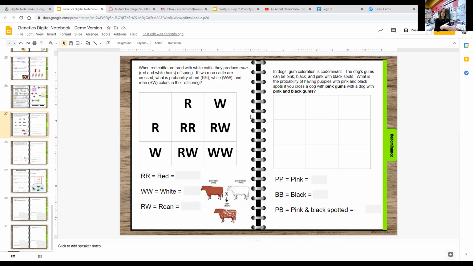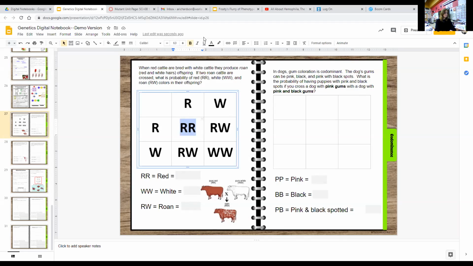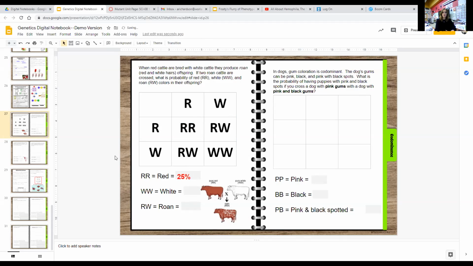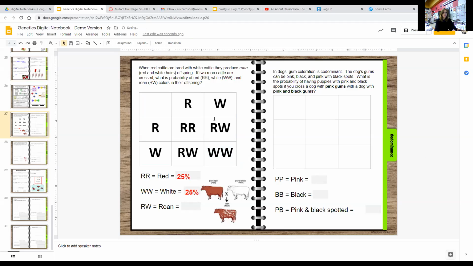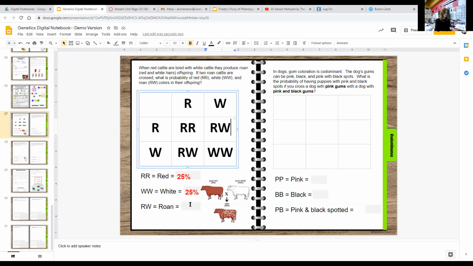We can just look at the combination of letters. So RR means red. Well, I only have one right here, so that means 25% would be red. White, there's just this one here that has two W's in it, so that's 25%. And then roan has both a red and a white. So I've got one here and one here. That leaves me with 50% roan.